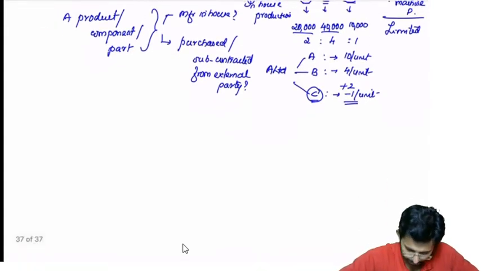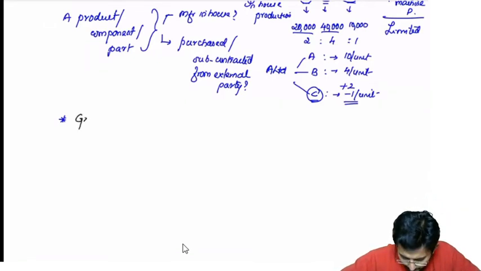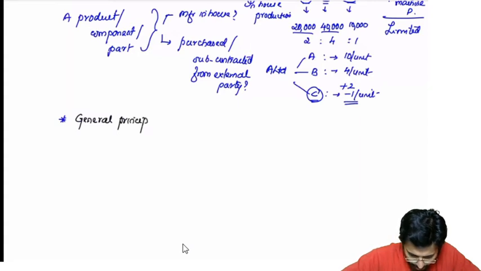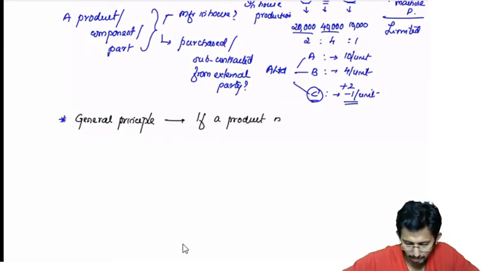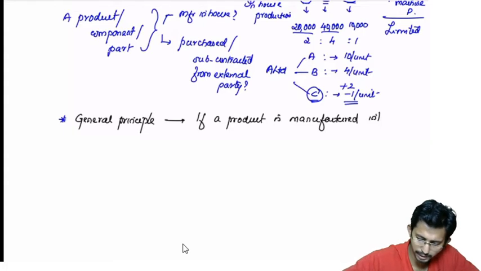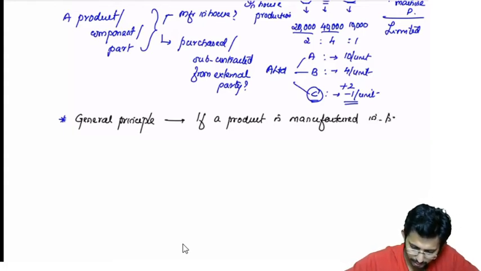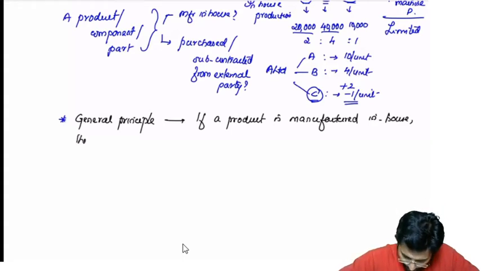Now to add on to this, let me tell you, as the general principle, if a product is manufactured internally, or let me use the term in-house, is manufactured in-house, the following benefits will be available.